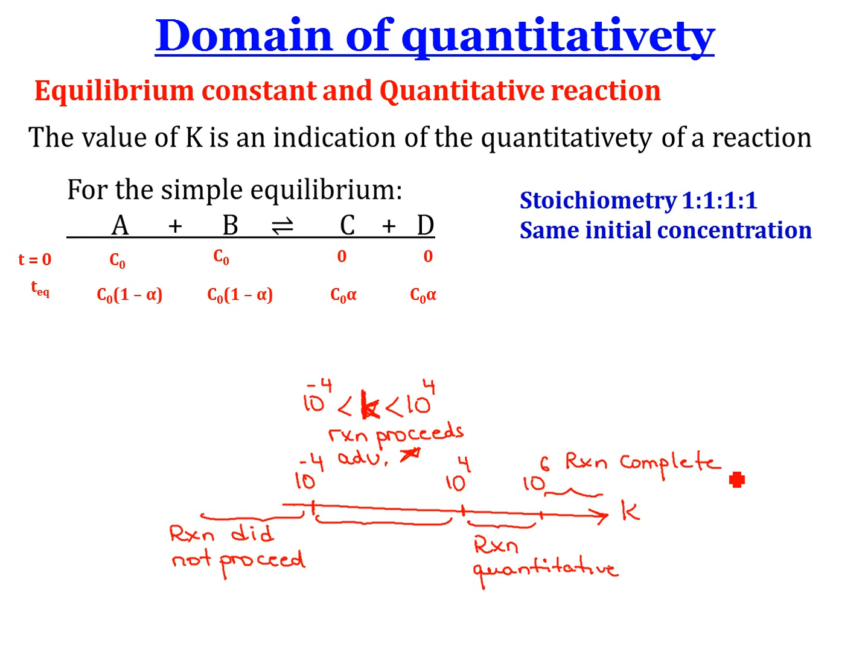Pay attention, for a reaction only of stoichiometry 1, 1, 1, 1, where the initial concentrations are equal. Suppose the reaction has different stoichiometry. So we will have a new figure of K and we will have different domains from that obtained in the stoichiometry 1, 1, 1, 1.